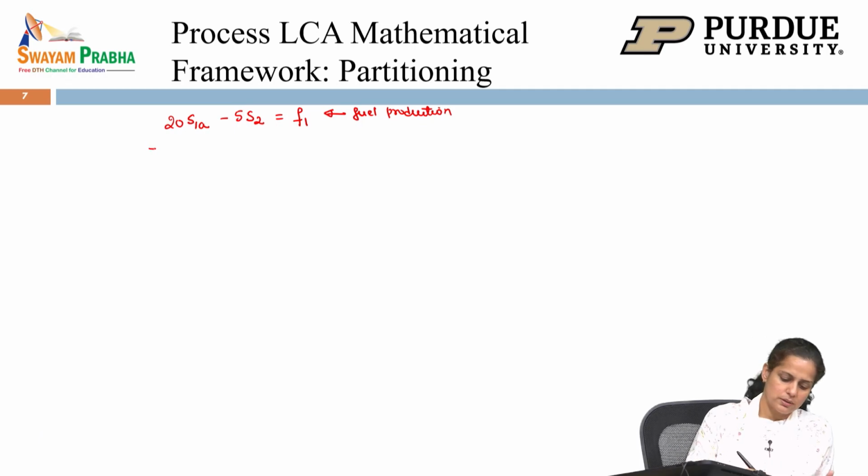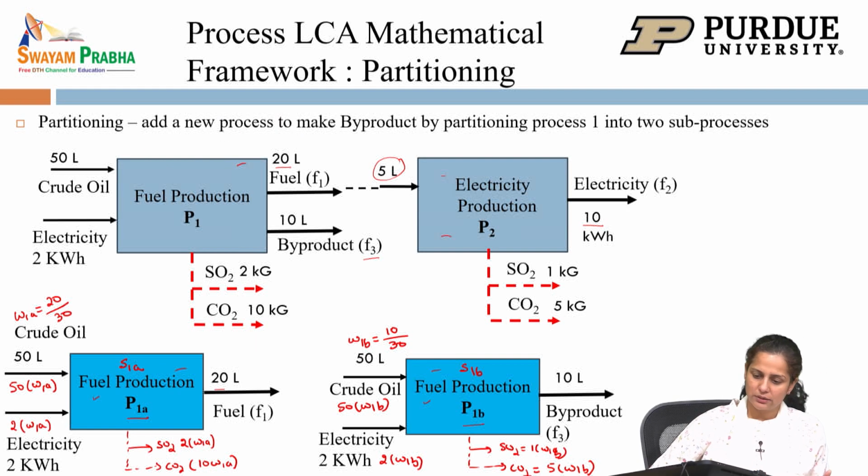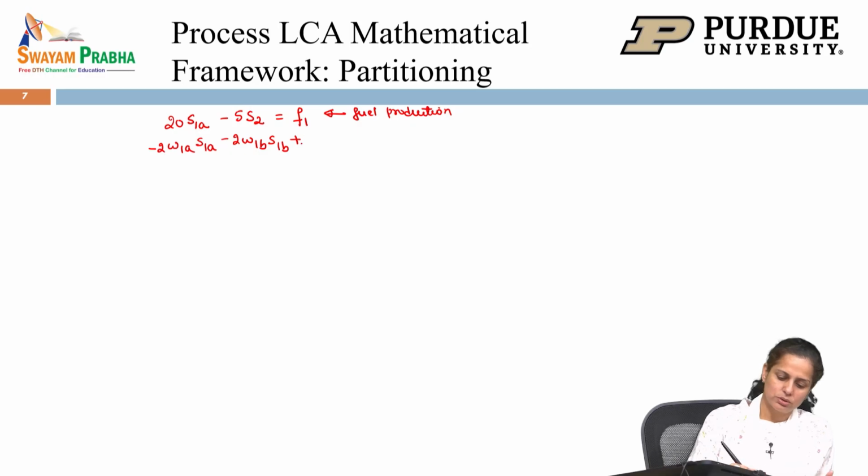So, this will be minus 2 times W1A times the scaling factor, similarly minus 2 times W1B times the scaling factor for B, plus it is being produced, electricity 10 times S2, and that is equal to F2, which is the net electricity production in the network.